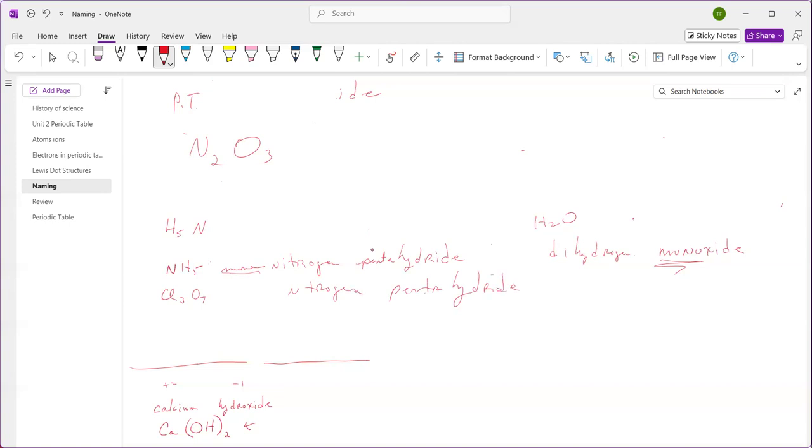I tell my students to be consistent and not worry about whether this is optional. Just put the mono in the beginning as well. I'm not going to mark it wrong if you leave it off. The second mono on the right is not optional. You have to put it in. And that's the only real optional thing you can do with covalent naming, is this mono in the beginning.